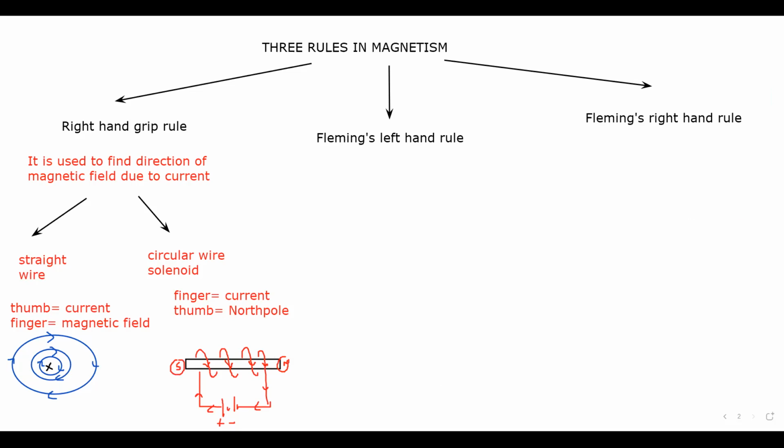And the magnetic field lines go around from north to south, and within the wire it will be straight. This is what we did when we use the right hand grip rule.